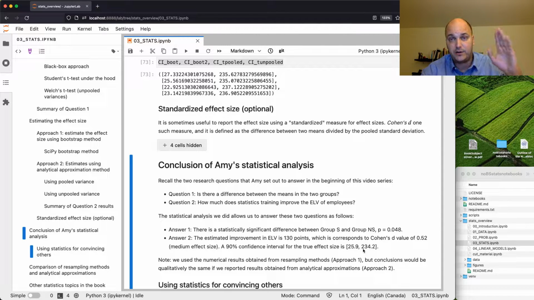So the real effect of offering statistics training could be anywhere between 25 and 234. Not as good as 130, but you have to be honest. You cannot claim, yes, you exceed 130 difference. You have to say, I think the 90% confidence interval is between these two values.